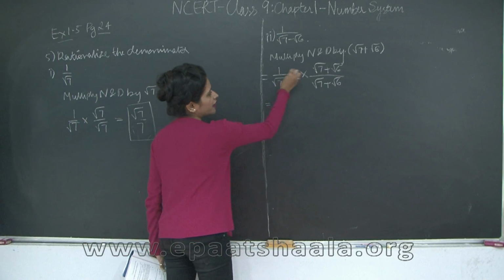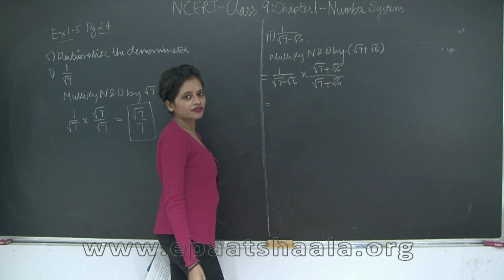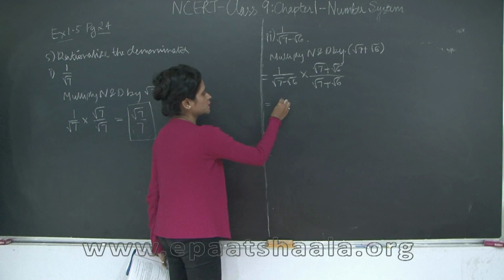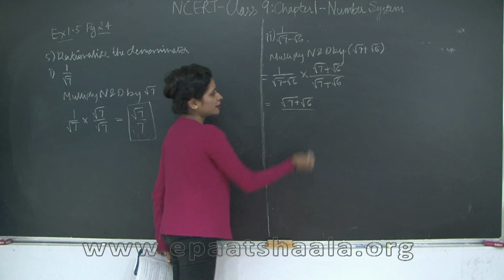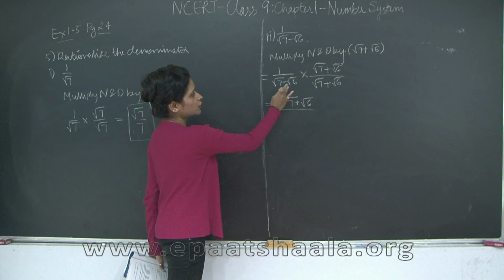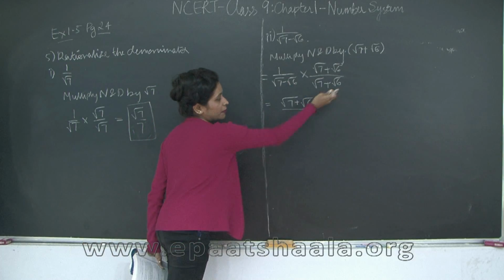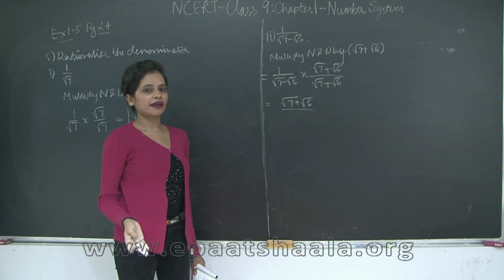So this is going to be 1 into root of 7 plus root of 6, which will be root of 7 plus root of 6, which is my numerator. And my denominator is going to be what? This is similar to a plus b, a minus b, which is nothing but a square minus b square.